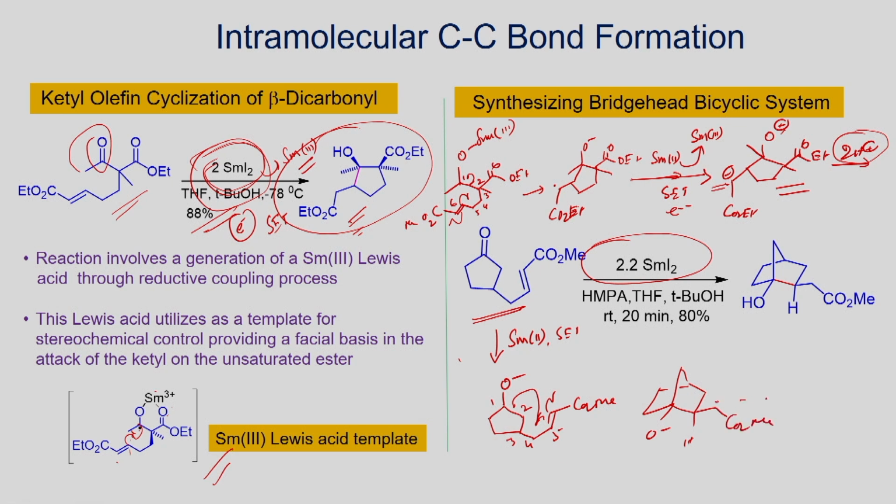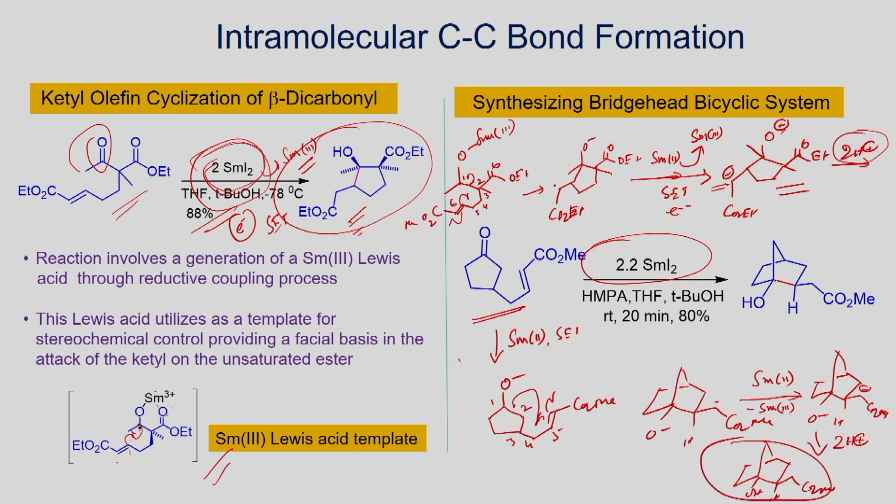This radical can further convert into a carbanion, which when you do the protonation you can convert into the product.